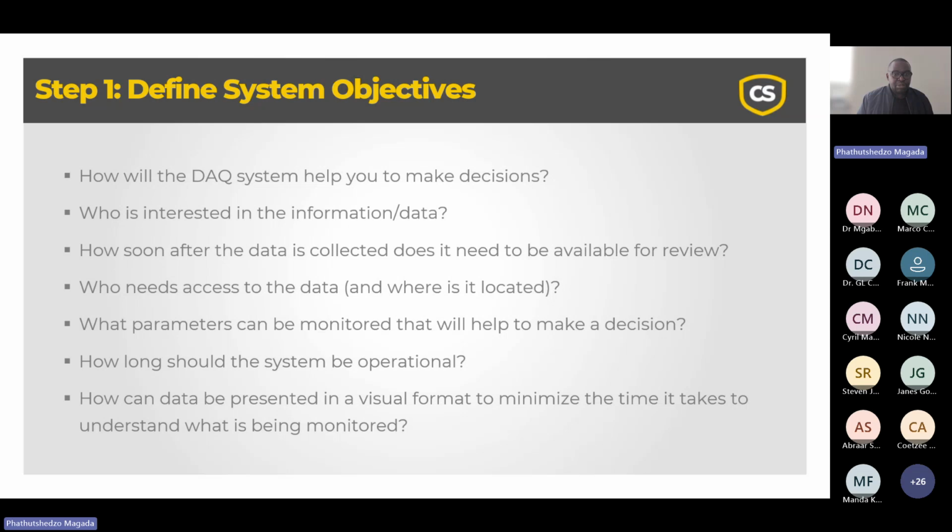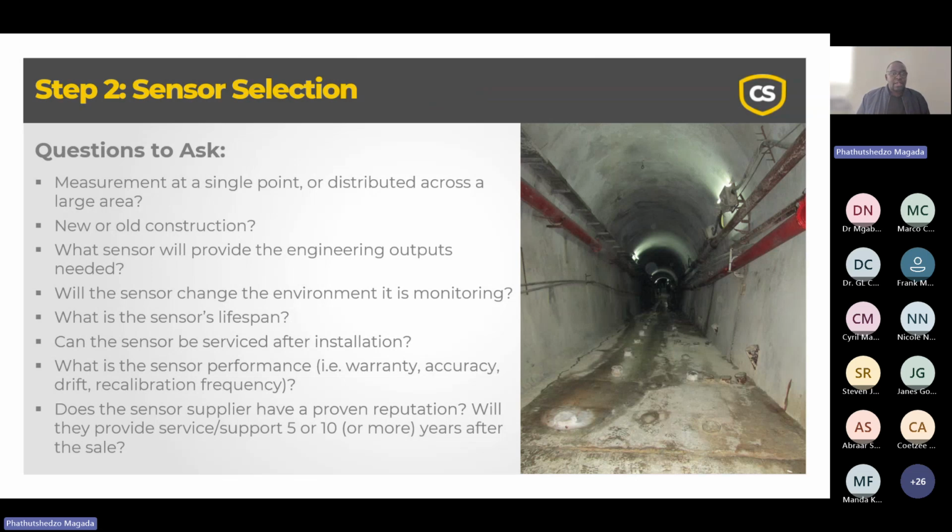How can data be presented? Is data going to be presented in visual format, or is it going to be in graphs? All these issues must be tackled from the get-go, and by so doing, we will be in a good space to move to the next step, which is sensor selection.